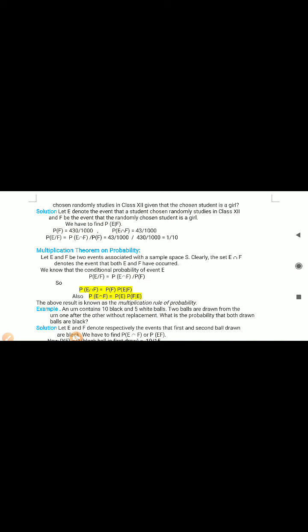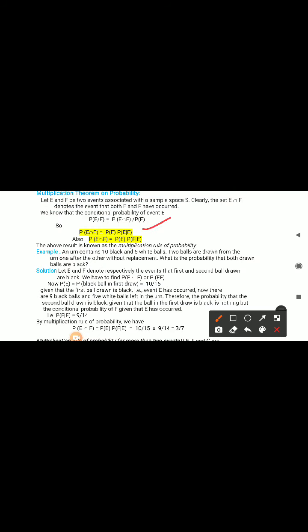So we know that by the conditional probability, P(F oblique E) is equal to P(E intersection F) upon P(E). Cross multiplying, we get P(E intersection F) is equal to P(E) into P(F oblique E), or P(E intersection F) is also equal to P(F) into P(E oblique F).